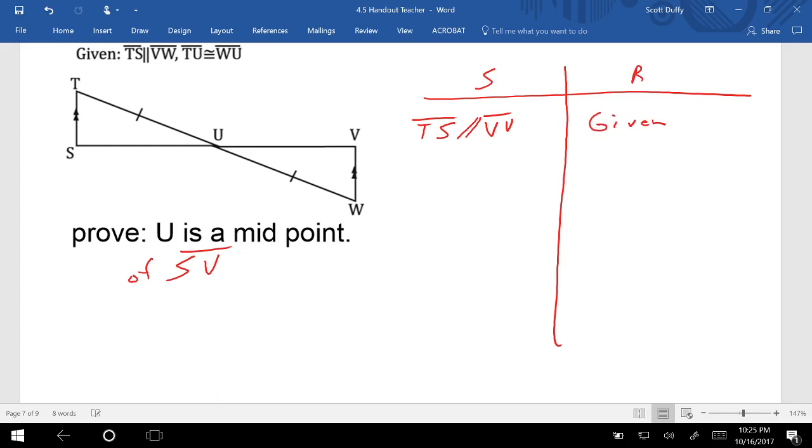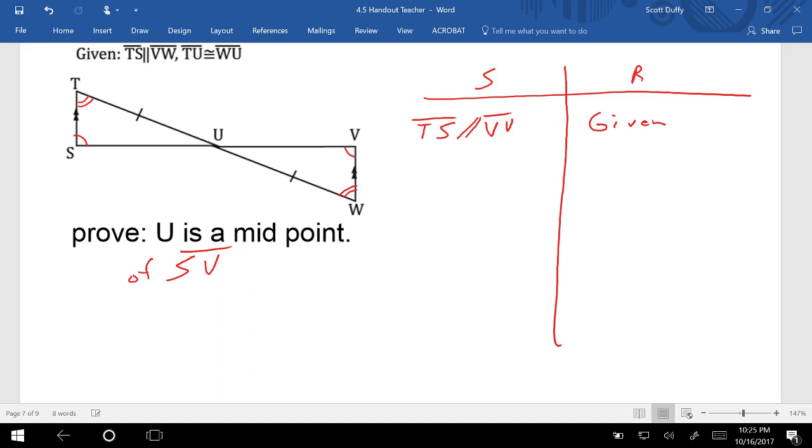Well, guess what? If I have these two lines being parallel, then I have these two alternate interior angles, if SV is the transversal, or I have these two alternate interior angles, if TW is a transversal.